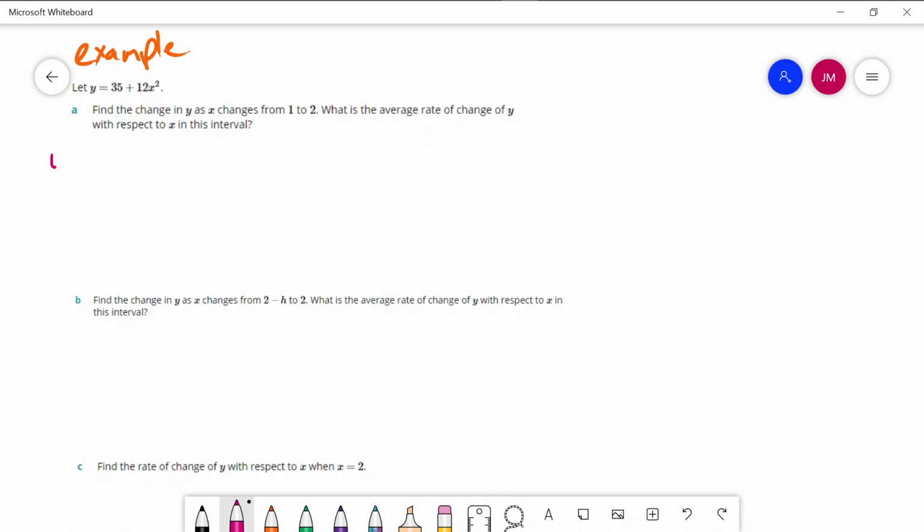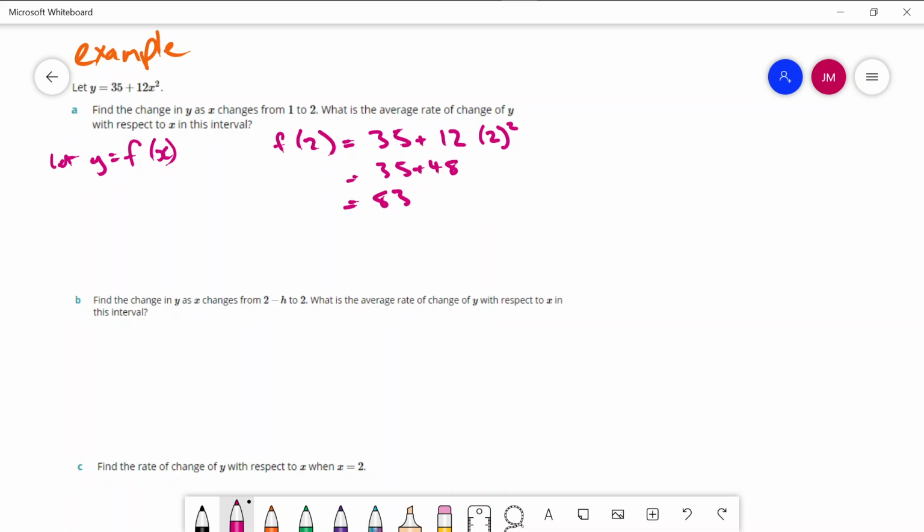I'm going to let y equal f of x. So at my second point, f of 2, I'm going to sub in 2 for x. So I'd have 35 plus 12 times 2 squared. So 12 fours are 48, so 35 plus 48 gives me 83.